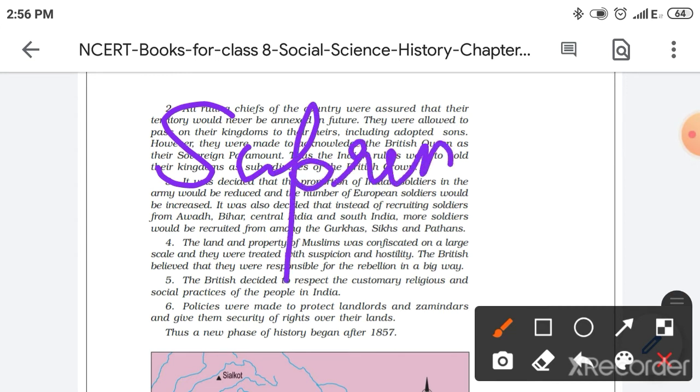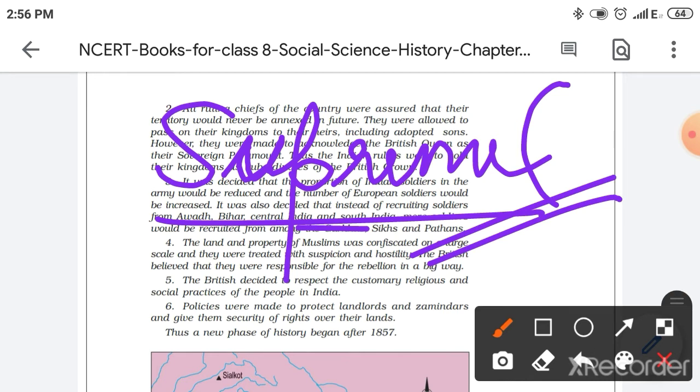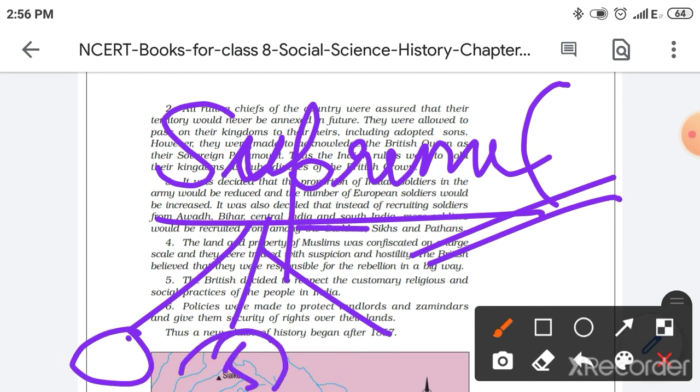There's no one higher in post. So they have to recognize the British crown as the supreme power, and they are just subordinates, meaning people who are lesser in post. They were asked to recognize the British crown as the supreme power and to remember that they are just subordinates of the British crown.